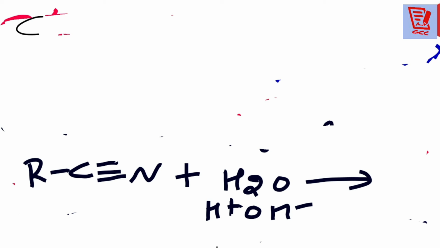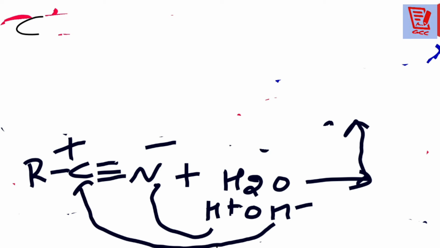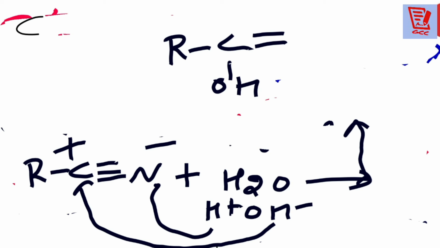R positive is there, OH negative is there. So what product are we getting? Here C is positive, N is negative. Then the positive charge will go to N and OH negative will go to C. So it will become R C with OH, and a double bond NH. Is that clear? This has been made.